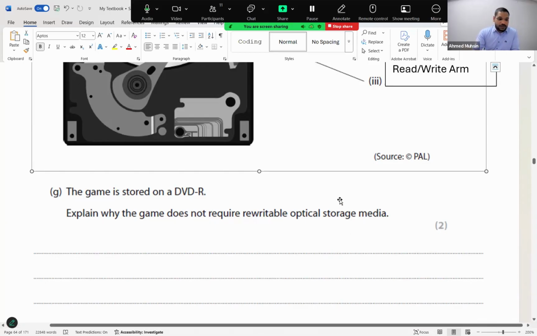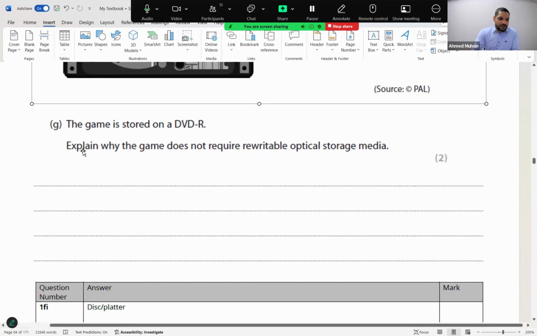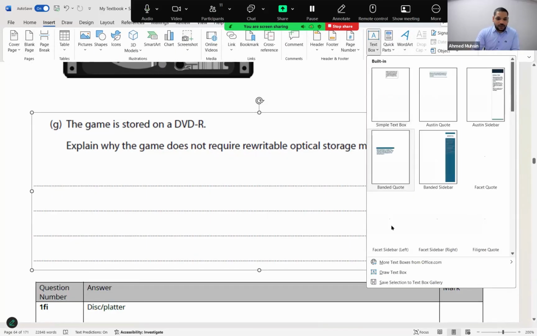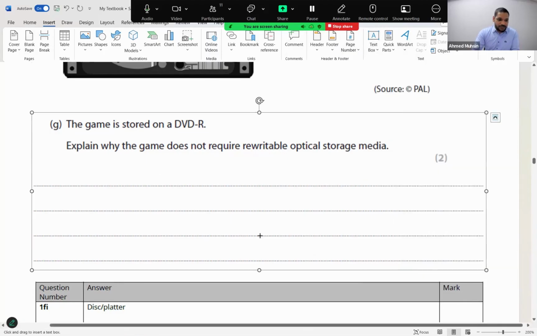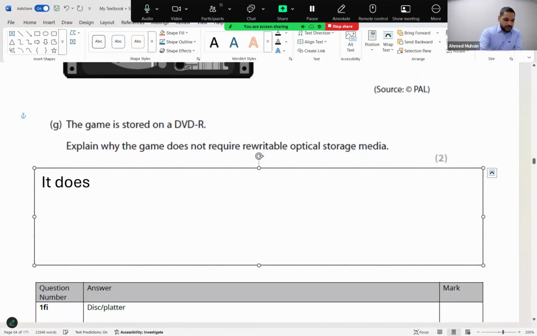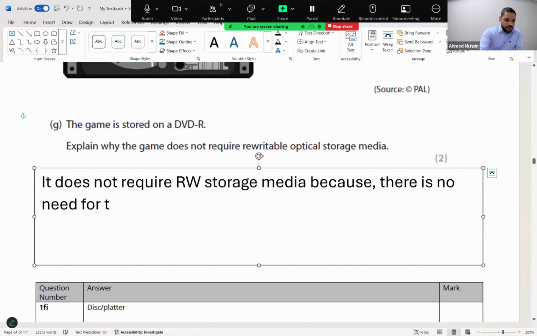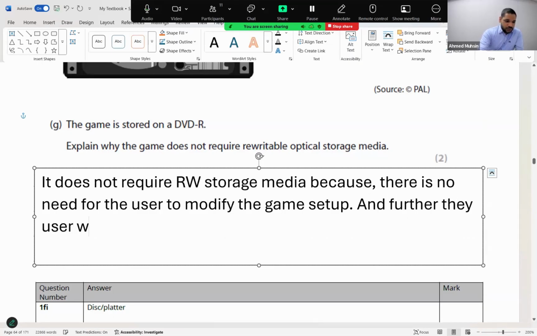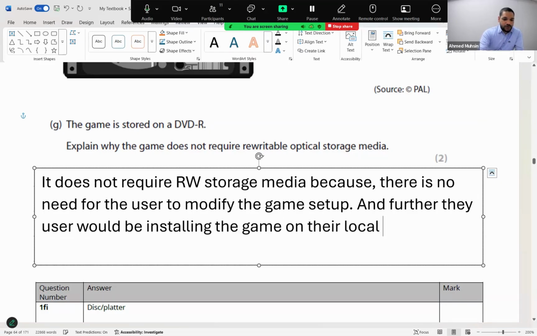Everybody okay with this? So guys, girls, let's note that down over here. It does not require RW storage media because there is no need for the user to modify the game setup, and further, the user would be installing the game on their local storage.